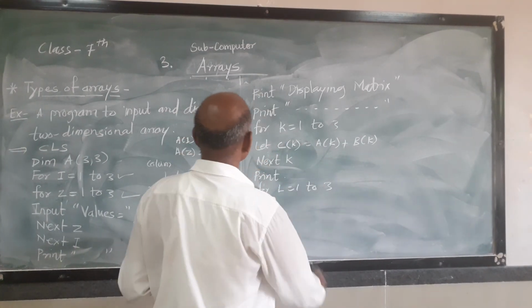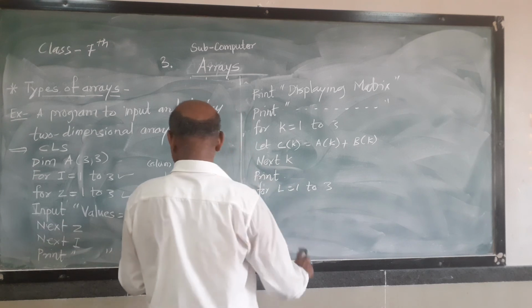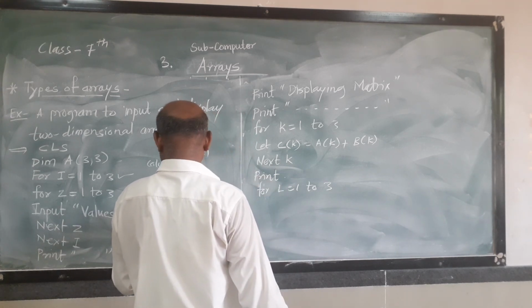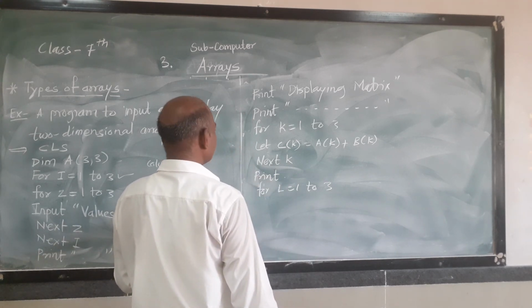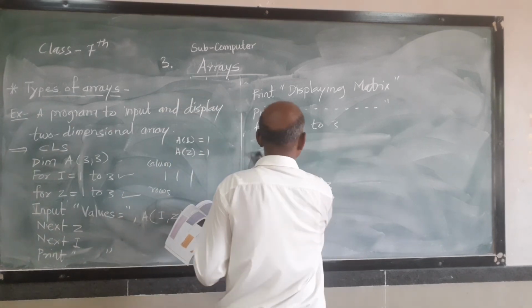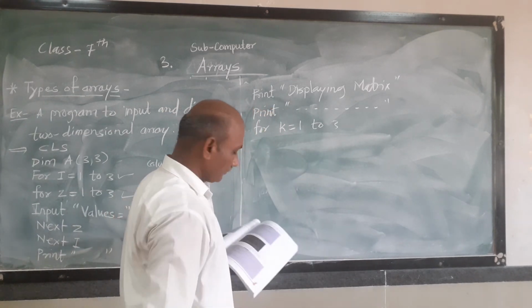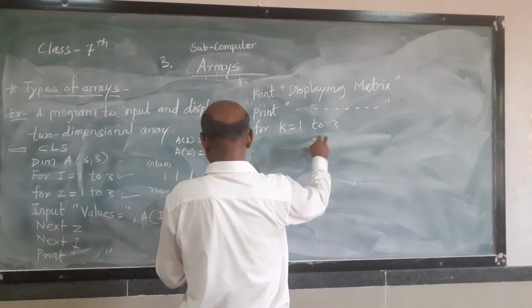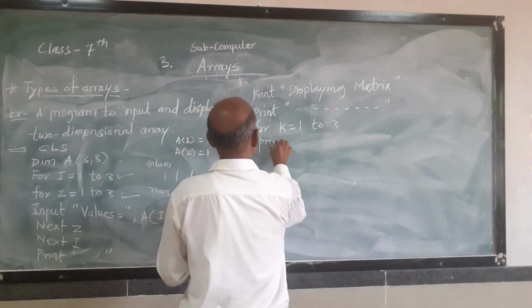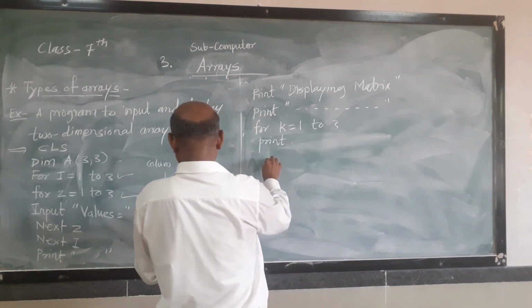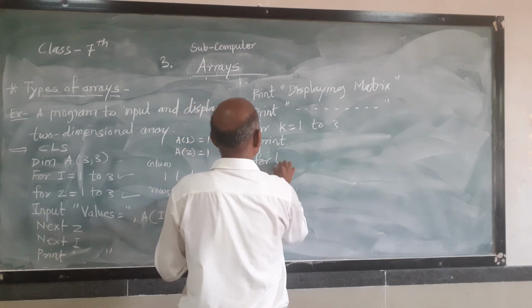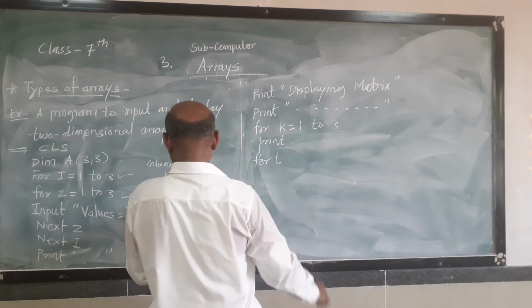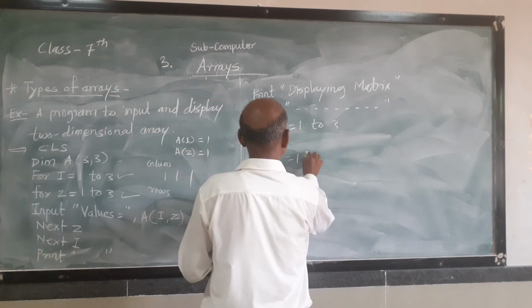Sorry. Print FOR K = 1 TO 2. Print again FOR L = 1 to 3.